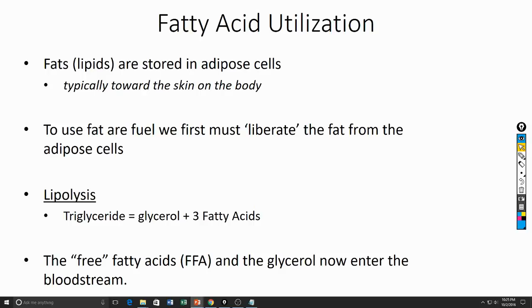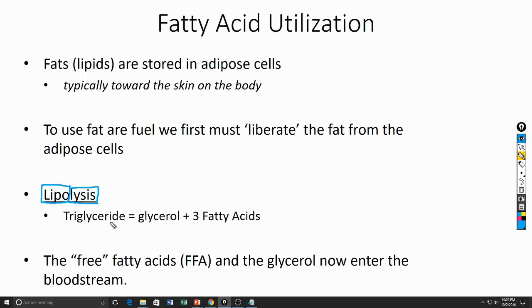The first thing we have to do is perform something called lipolysis. Looking at the term, lipo, lysis: fat breakdown. We're going to break down lipids. Lipolysis looks something like this.